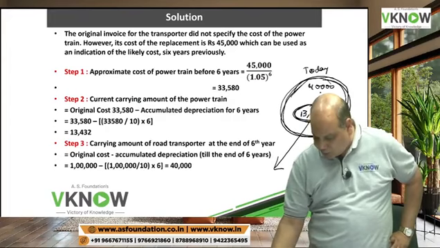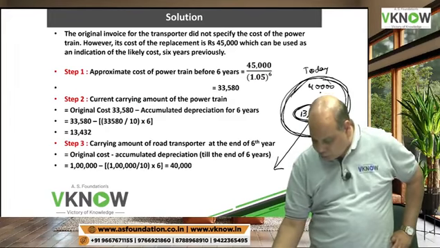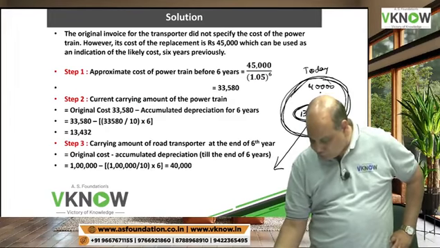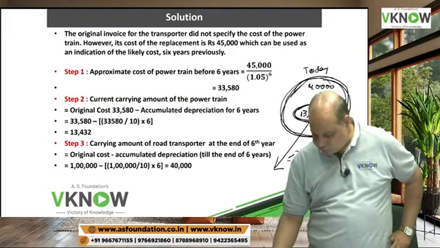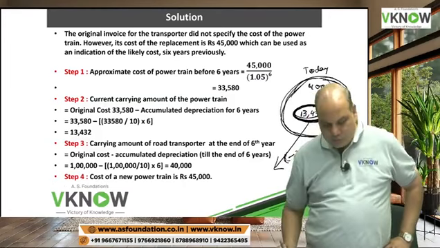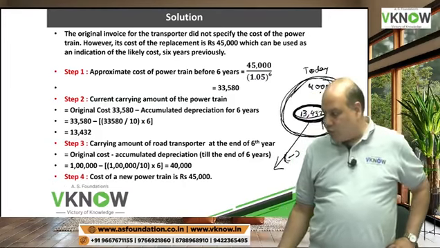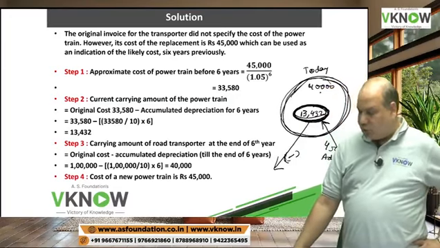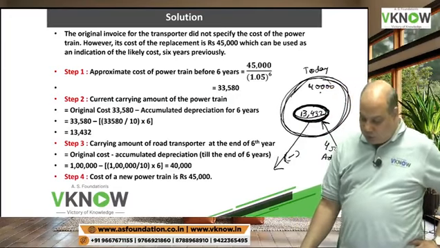So this I will remove and a new part whose cost is 45,000, I will add. So what is the accounting treatment? This will be removed. 13,432 will be removed and 45,000 will be added.